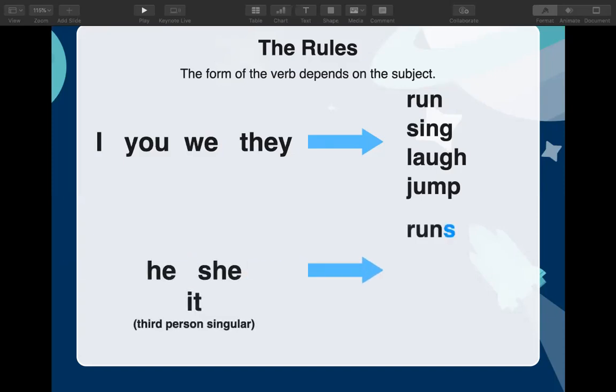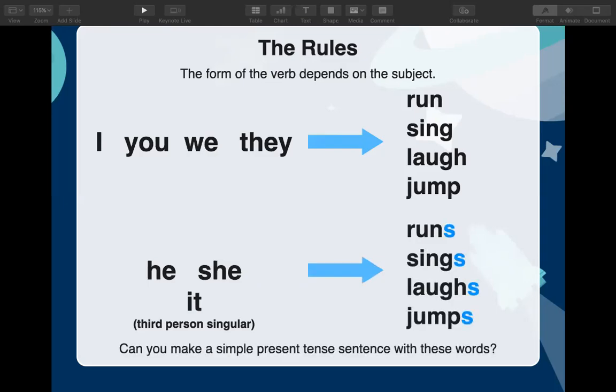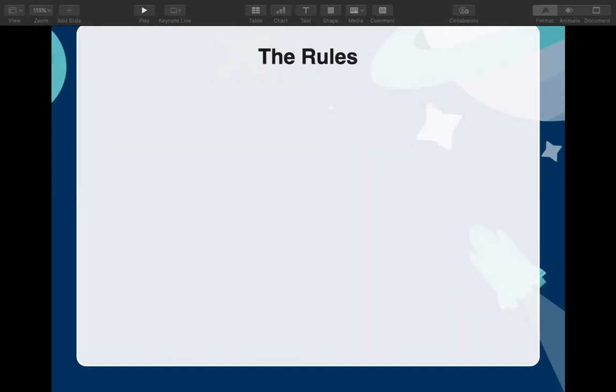He, she, or it runs, sings, laughs, jumps. So this is what we were talking about. Every time we use he, she, or it, third person singular, we add an S to the verb.